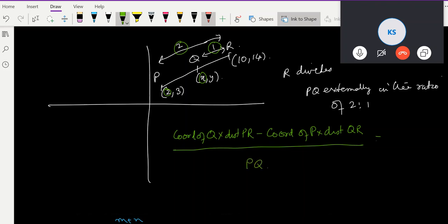This is the coordinate of R, both for x and y, right?